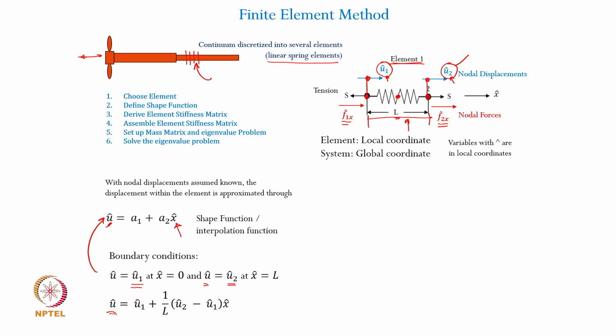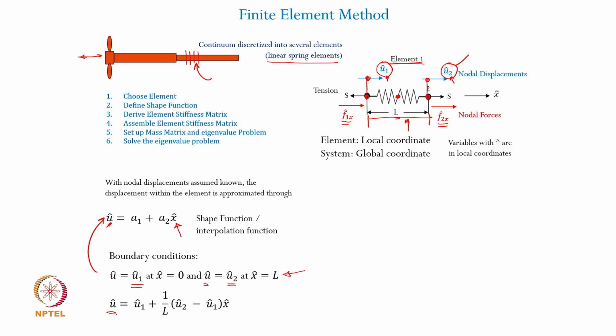Here, a1 will turn out to be u1 cap, which is quite simple, you can try it out yourself, and a2 will be 1 by L times u2 cap minus u1 cap. So, this now completely defines the way displacement is going to vary within the element, and this shape function, as you can see, is expressed in terms of the displacements at the two node points.